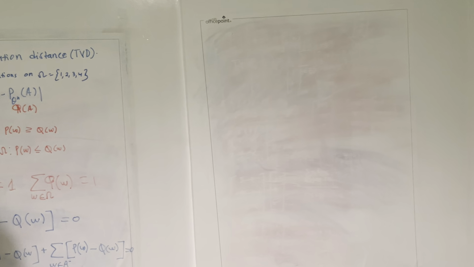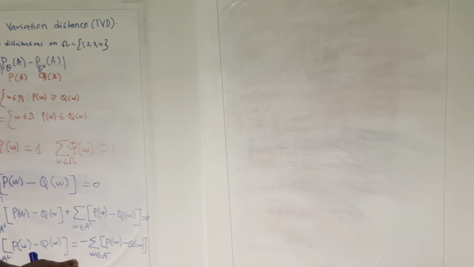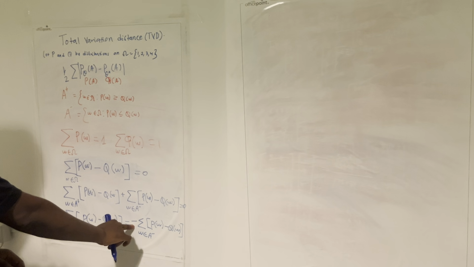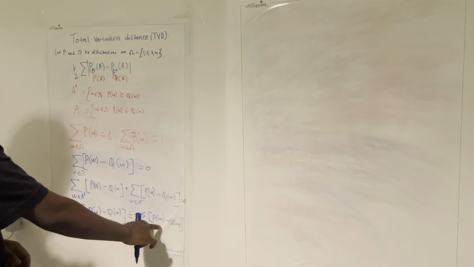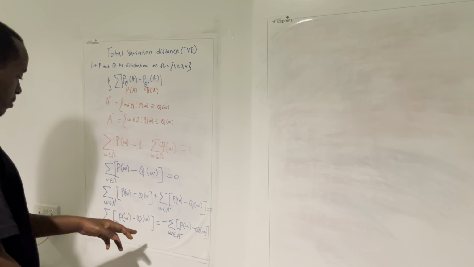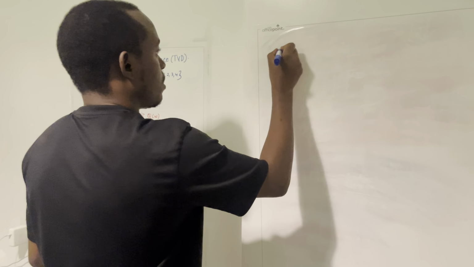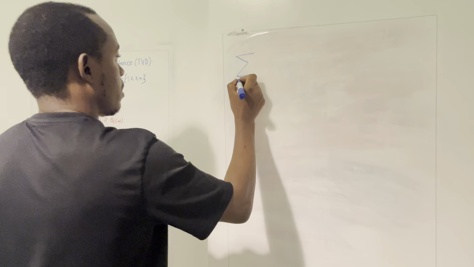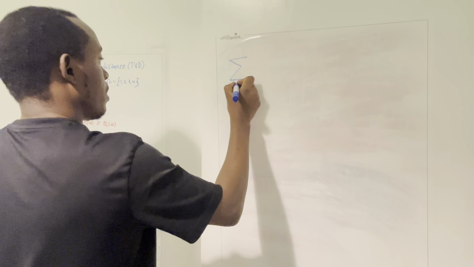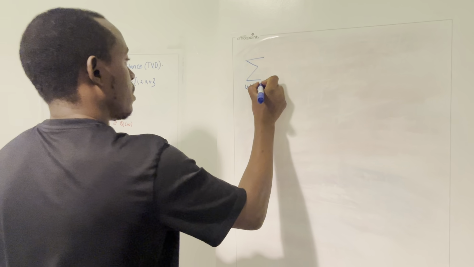So basically, in order to make this negative disappear, I'm going to bring this Q in and put it before the P. So basically, it's going to be something like this. This is omega, an element of A plus.